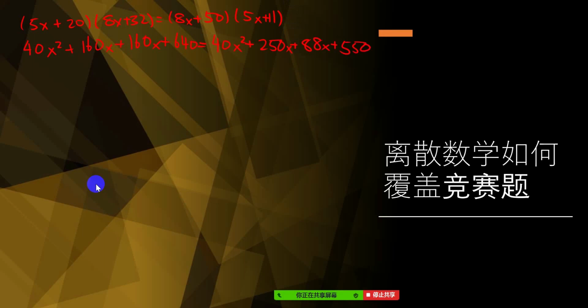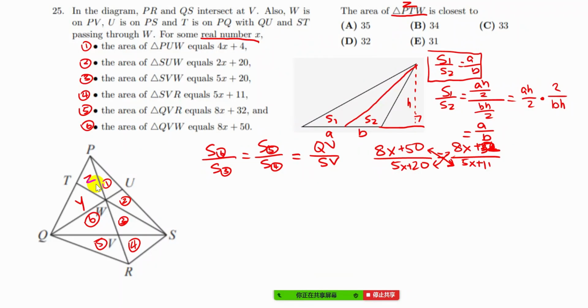And then simplify that, so 320x plus 640 equals 338x plus 550, and then 18x equals 90, x equals 90 over 18 equals 10 over 2 equals 5. So now we know that x equals 5, which solves the equation that we put.